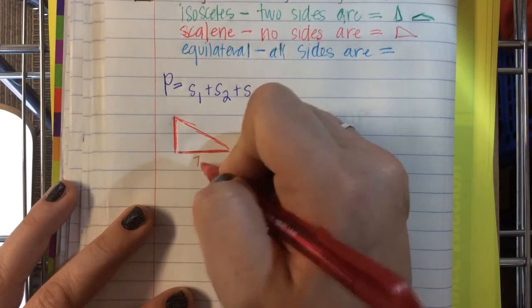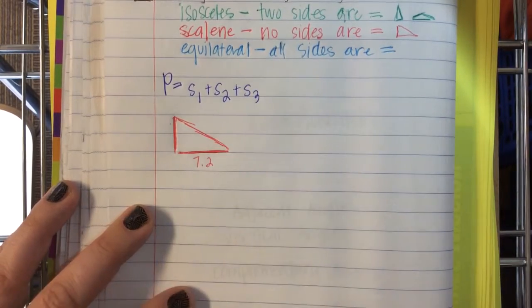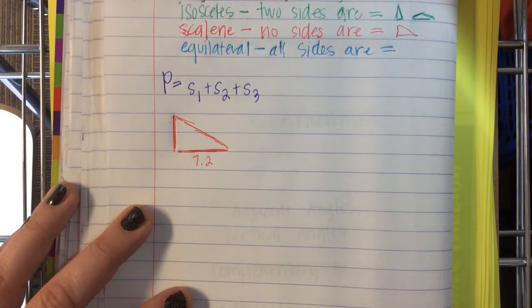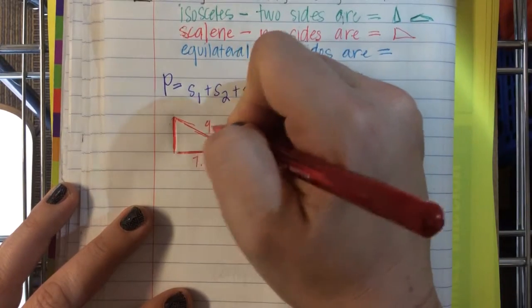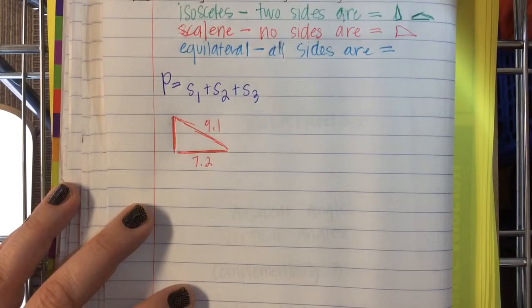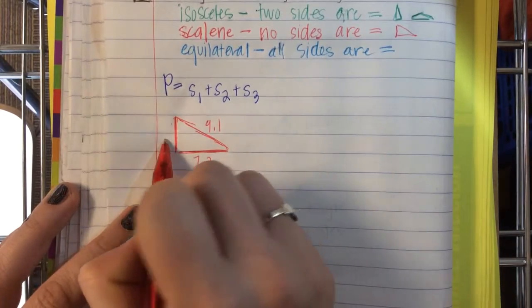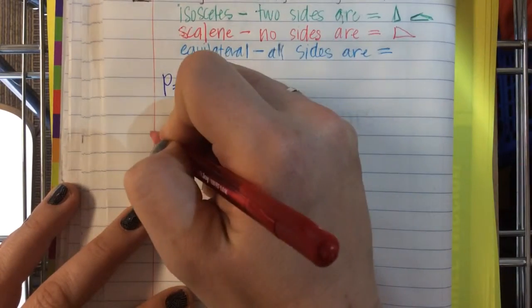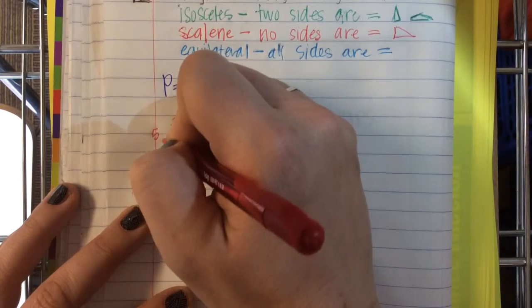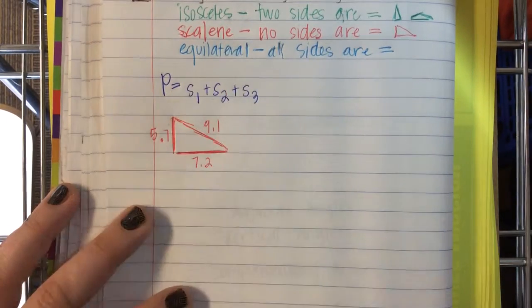And this side is 7.2. It's a 7, not an 8. This side is 9.1. And what should this side be? 5.7.